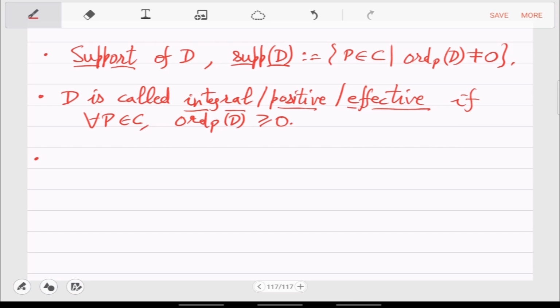Based on this, you can define when a divisor divides another divisor. So D1 divides D2 just like numbers if D2 minus D1 is greater than or equal to 0. That's our notation here.